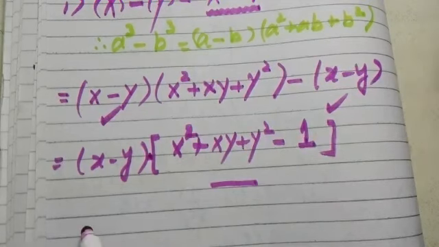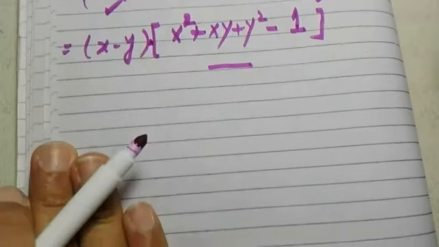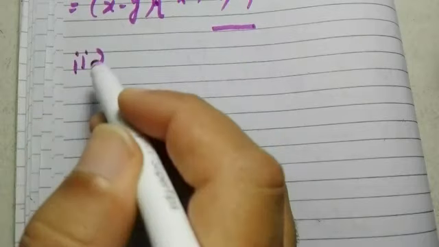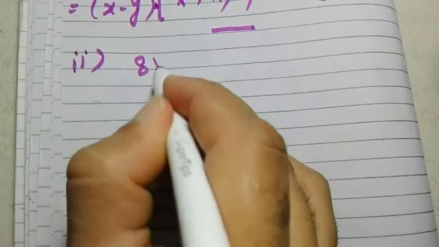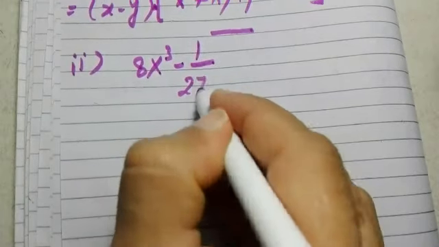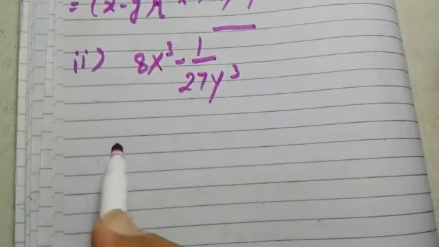If you see another part, which is 8x cube minus 1 over 27y cube.